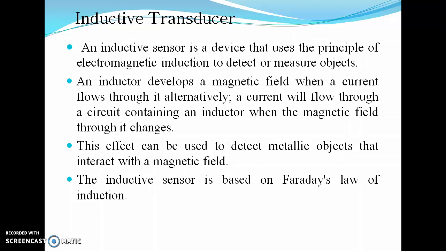An inductor develops a magnetic field when current flows through it, and alternatively, a current will flow through a circuit containing an inductor when the magnetic field through it changes. This effect can be used to detect metallic objects that interact with the magnetic field. It cannot be used for non-metallic objects or dirt. The inductive sensor is based upon Faraday's law of induction.